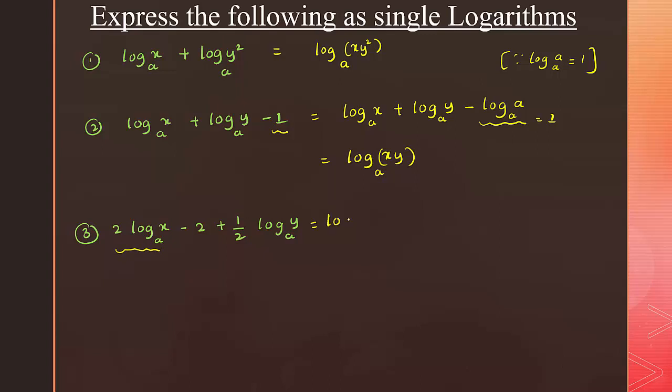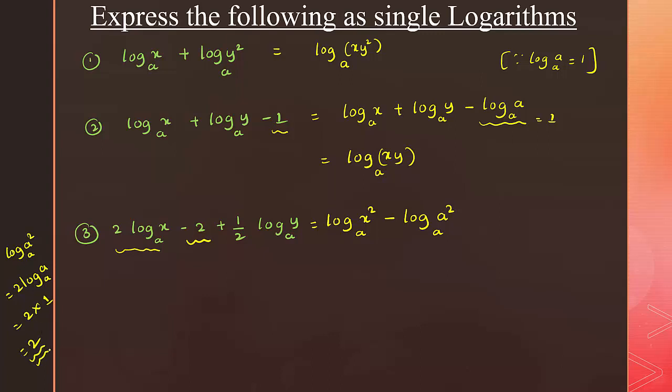So it can be written as log x square to the base a minus, in place of 2, I am going to write again using the power rule, log a square to the base a. Observe here, log a square to the base a is equal to 2 log of a to the base a. 2 into, when base and argument are the same, it is equal to 1. So 2 into 1 will be 2.